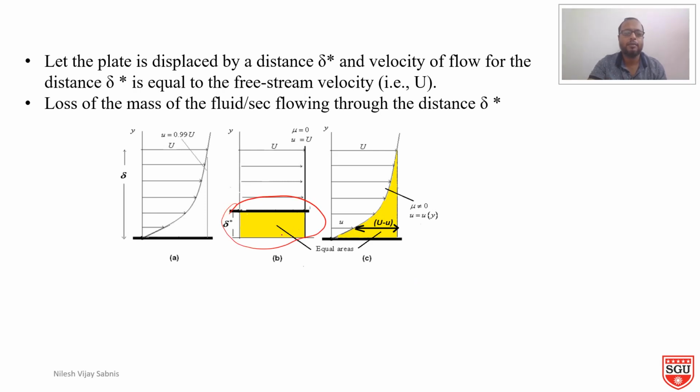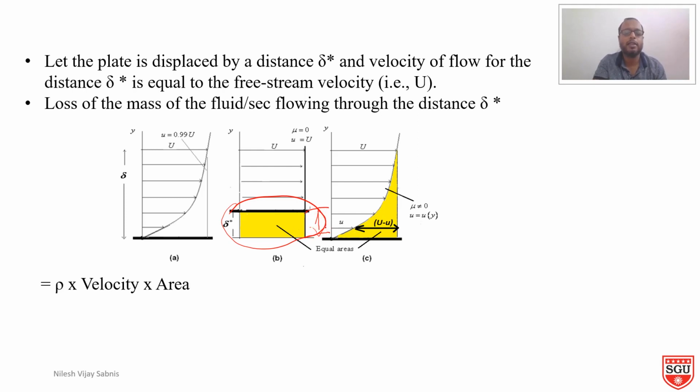Plate is there, ideal fluid is there. We have to displace the plate in such a way that this yellow colour area should be equal to this yellow colour area. What we want to find out is the loss of mass flow rate in this area.